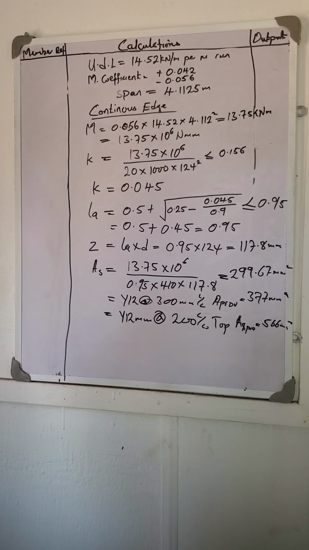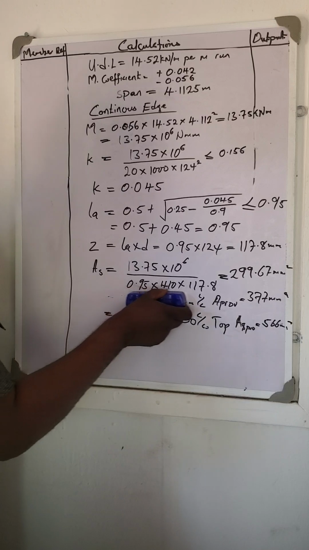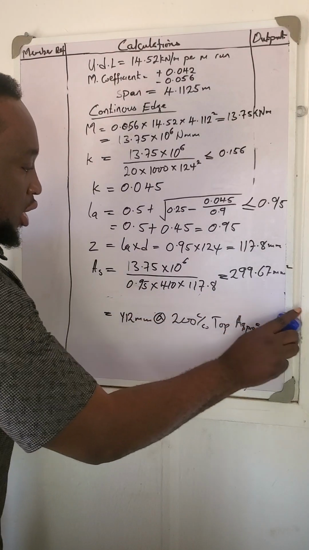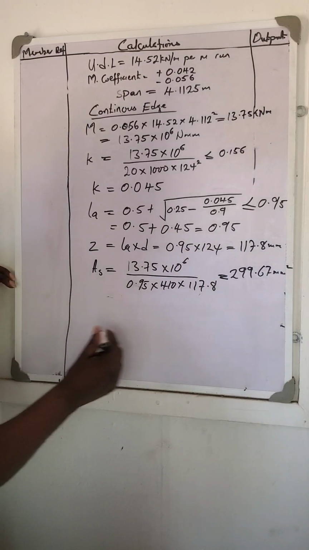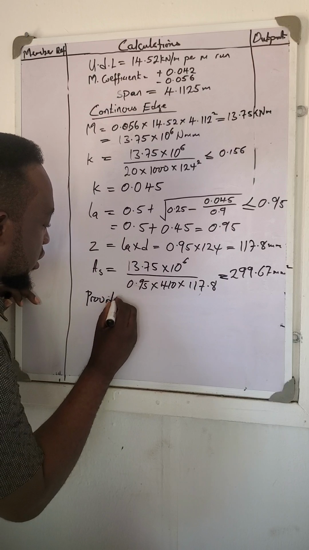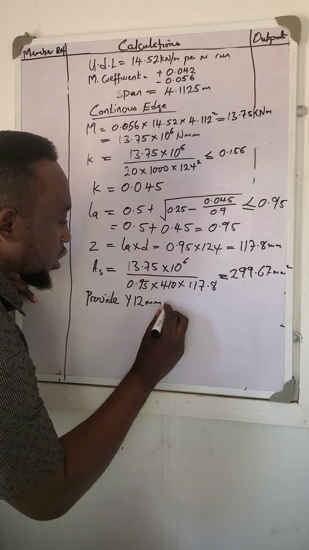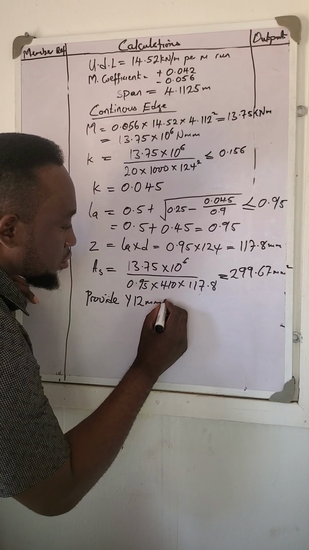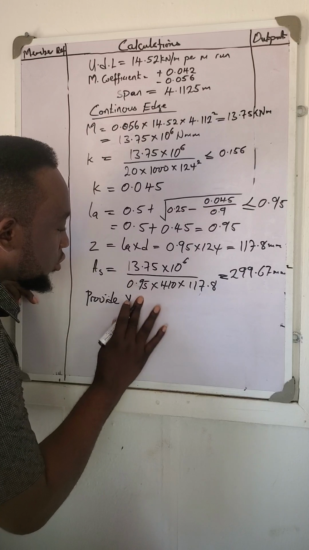So practically, after getting our AS, I will now say provide Y12 mm diameter bar. All right, provide Y12.